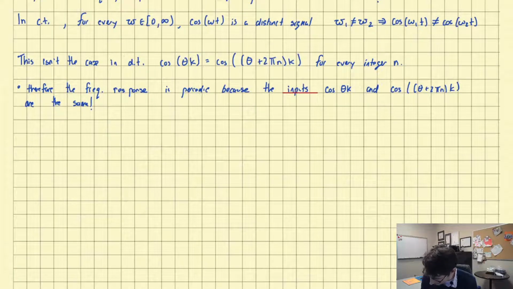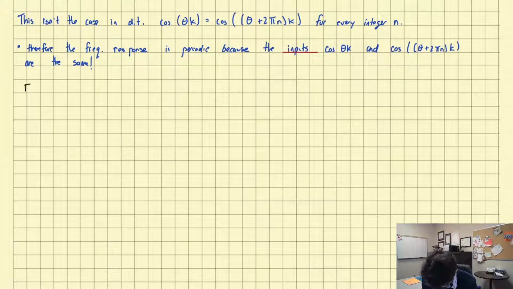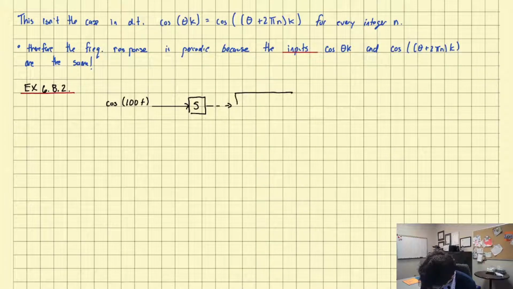Okay, let's do one last example in this chapter. What we're going to do is sample a continuous time signal and then run it through a discrete time system. So we're going to have the following picture. There's our cos of 100t, so a 100 radian per second input.